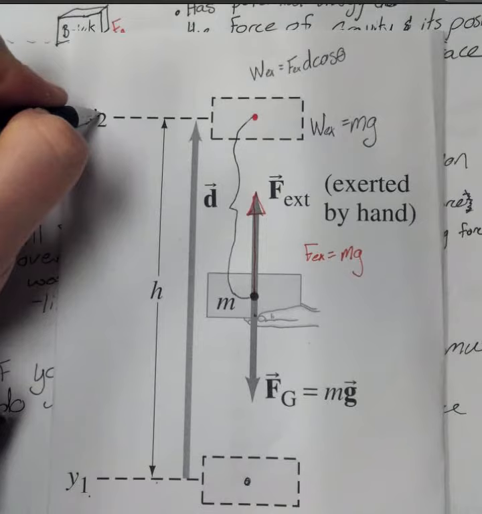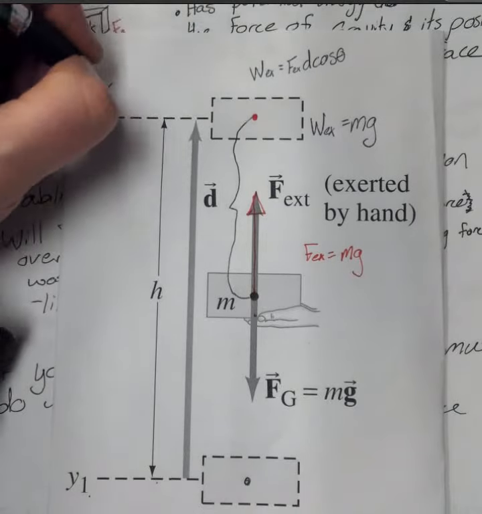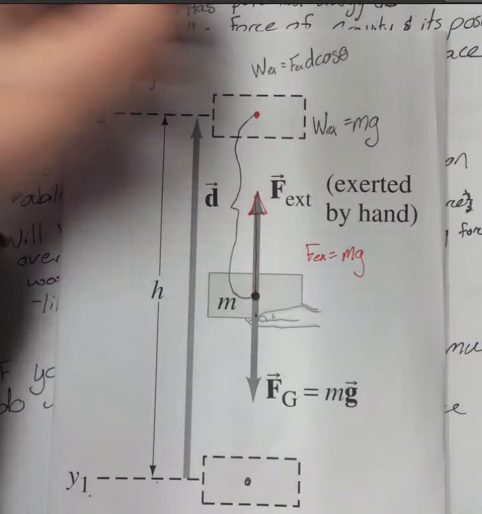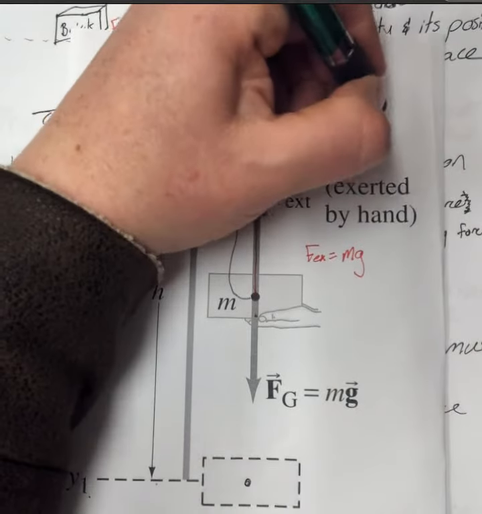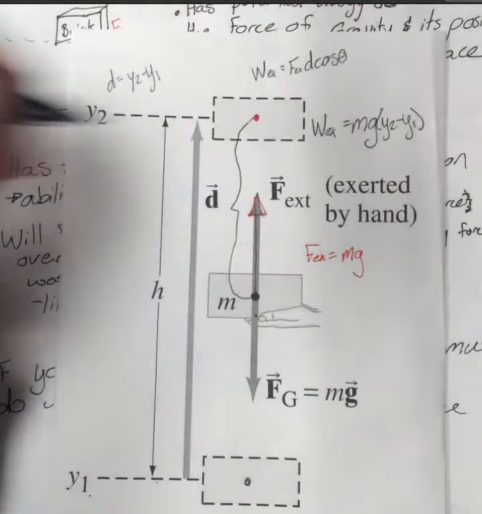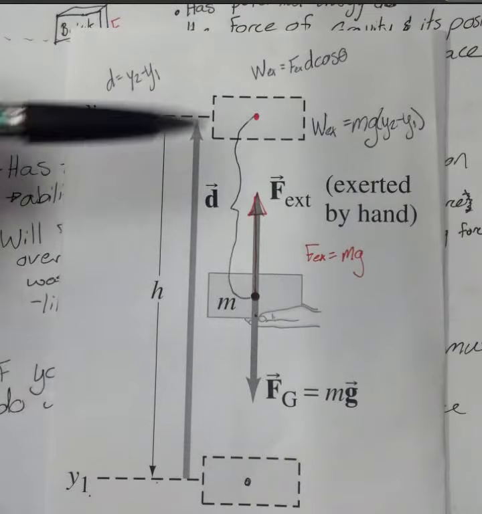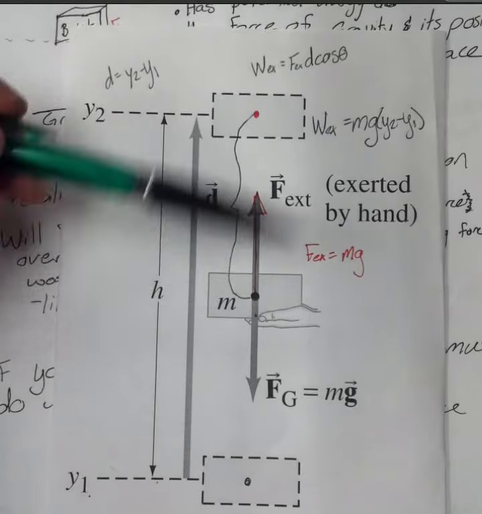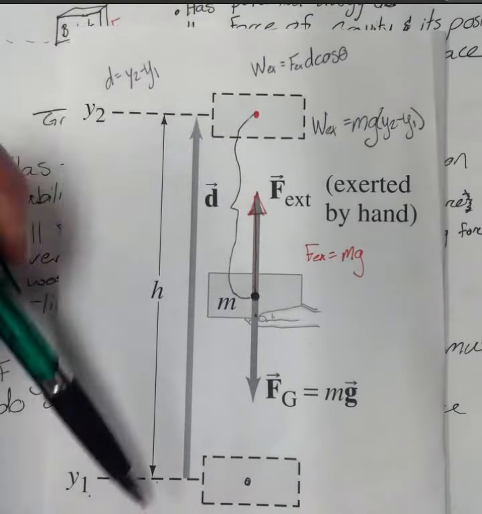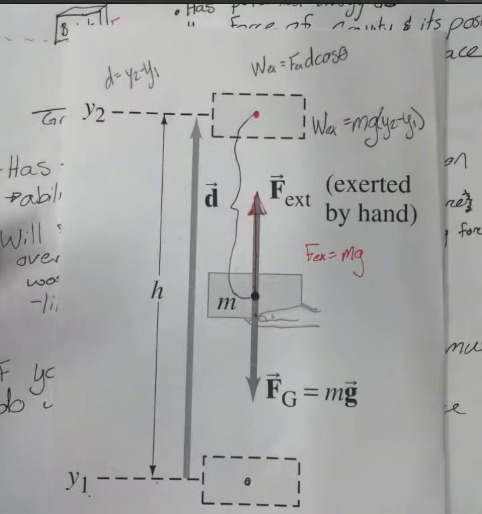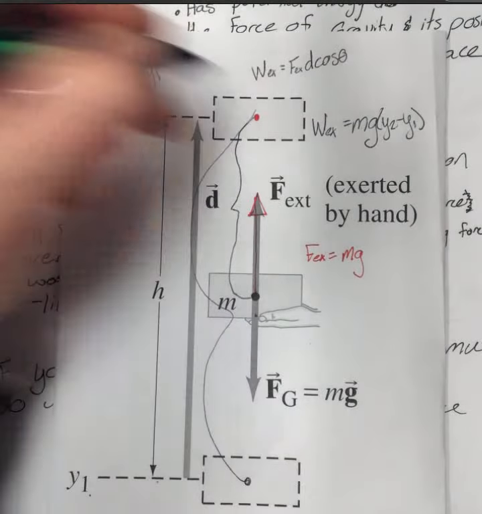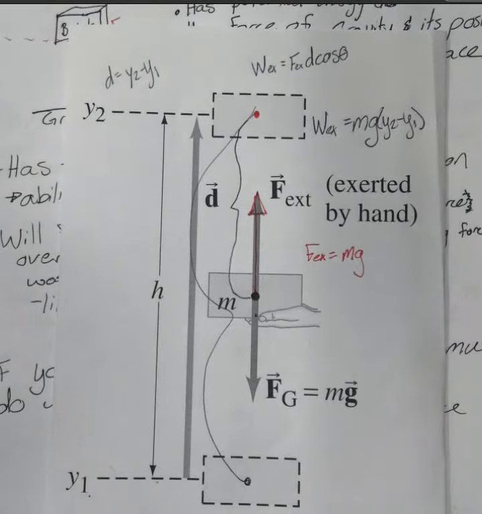So that means that your displacement is going to be y2 minus y1. So that means that the amount of work that you do depends on the weight of the object and how much it's displaced from an initial position. All right, and that's going to be the work that you must exert on an object in order to lift it up.